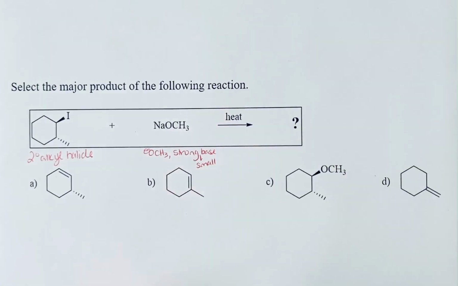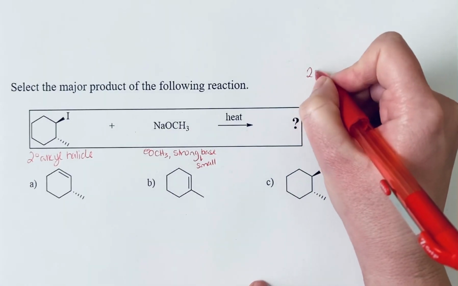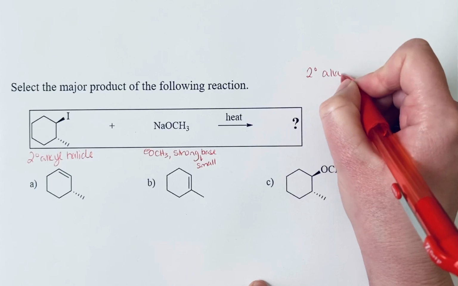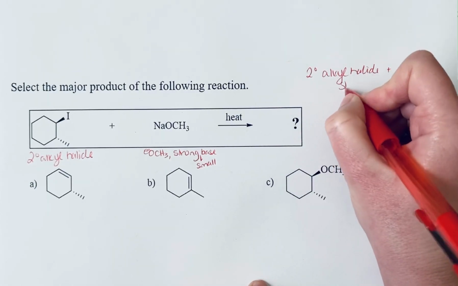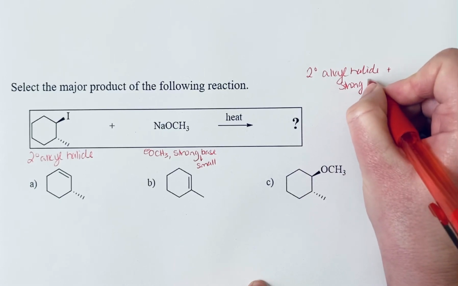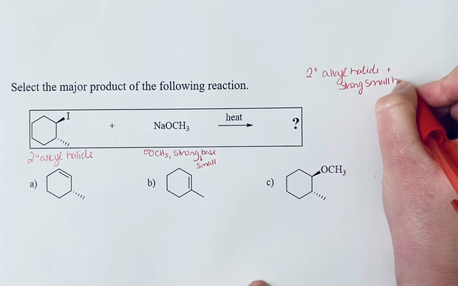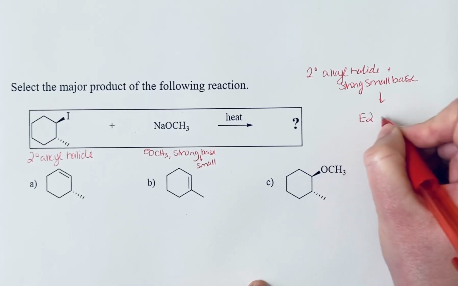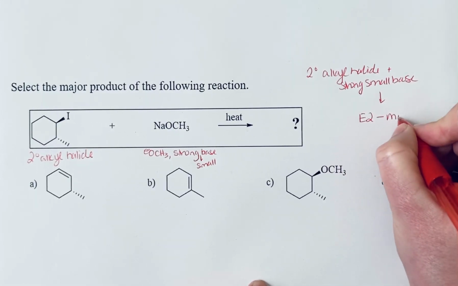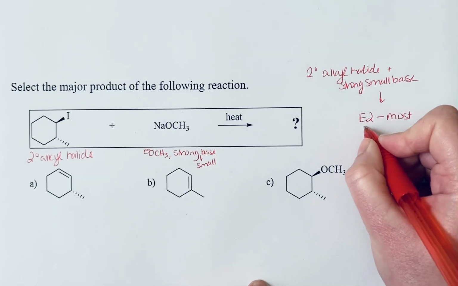Okay. And so this combination of a secondary alkyl halide and a strong small base will tend to give us an E2 reaction to form the most stable alkene product that is possible.